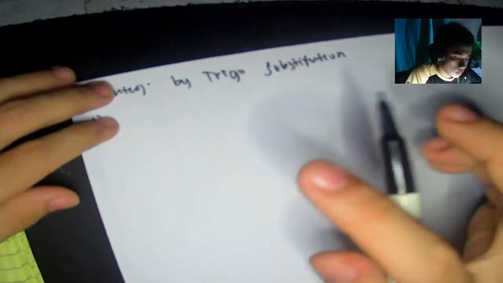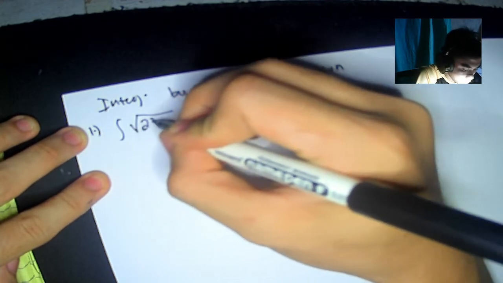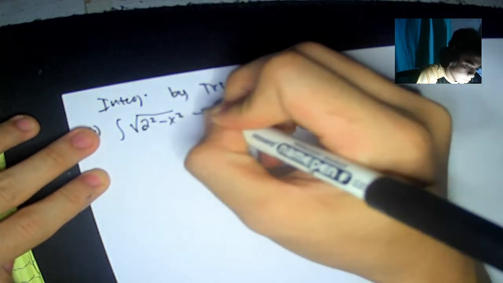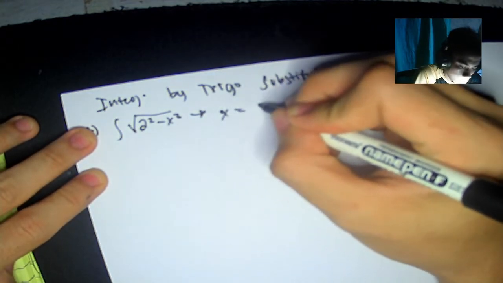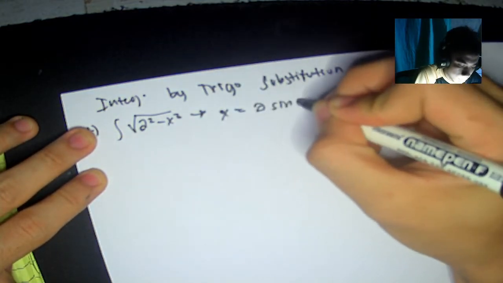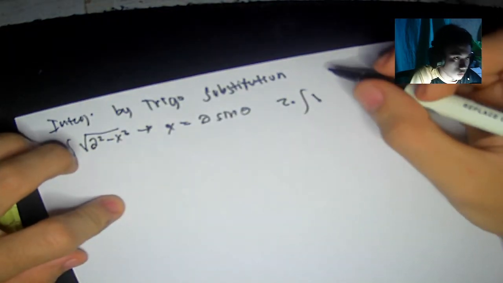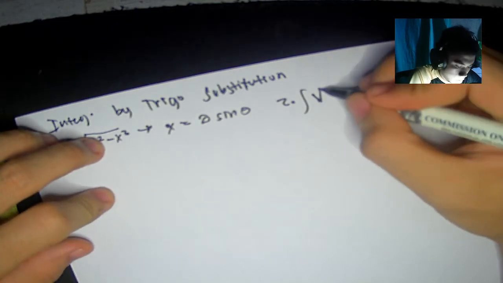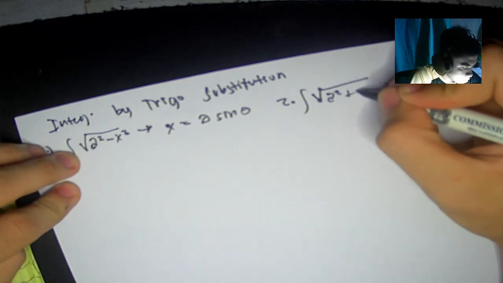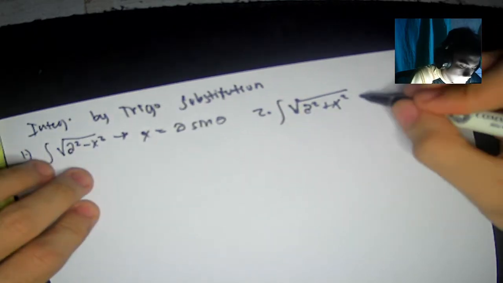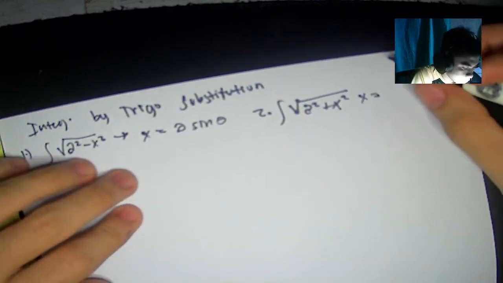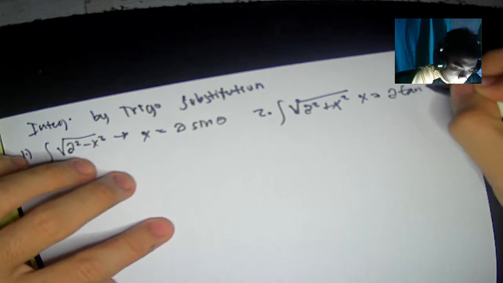Please excuse my handwriting. So first, the rules of trigo substitution. We will have square root of a squared minus x squared, which is equivalent to x equals a sine theta. Number 2 is a squared plus x squared. So when you plus, you'll have x equals a tangent theta.